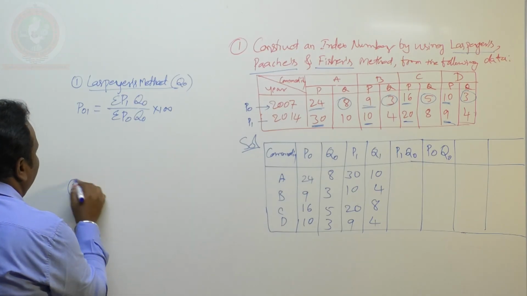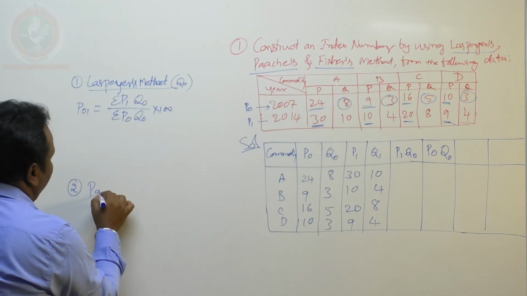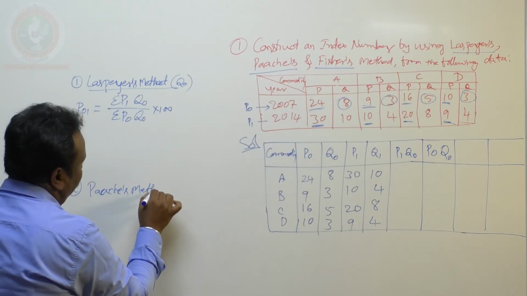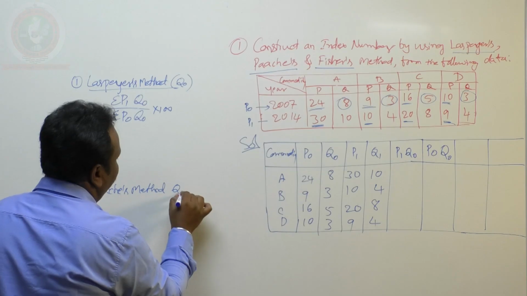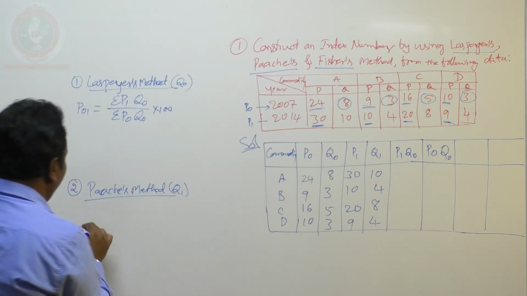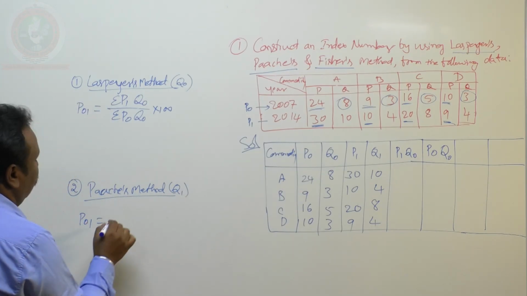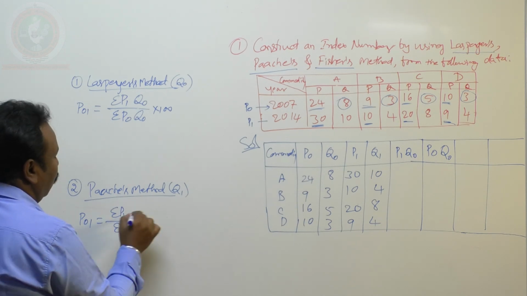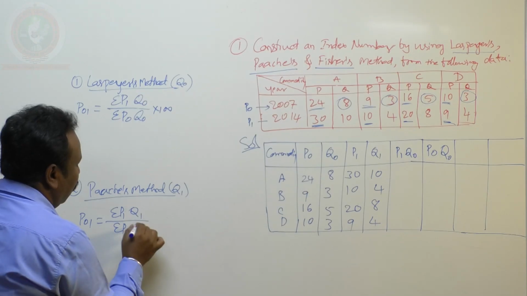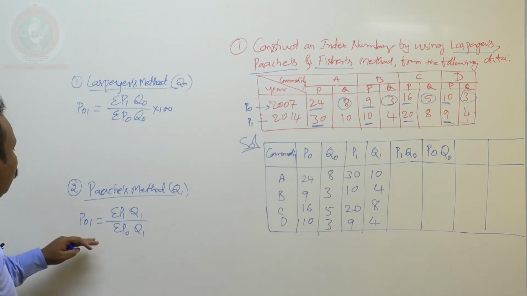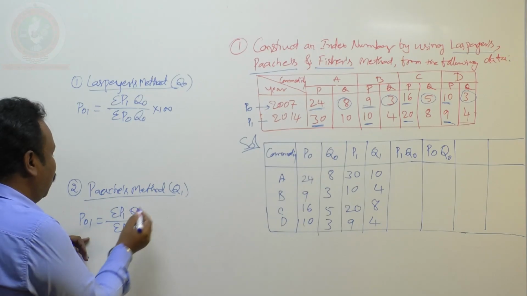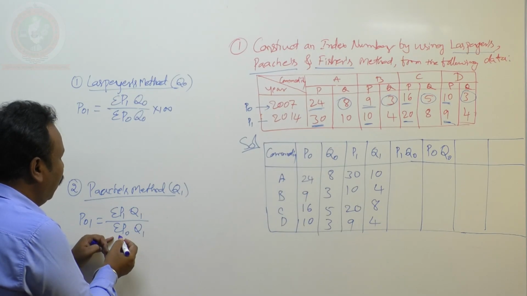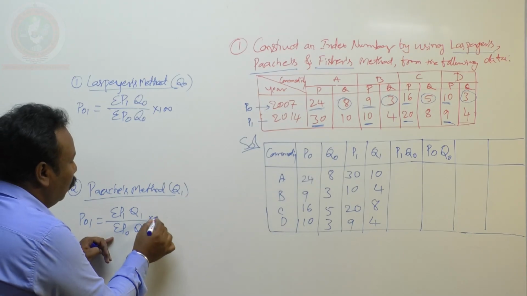Then, under Paasche's method, he gives importance to Q1. So, P01 equals sigma P1 Q1 divided by sigma P0 Q1 into 100.